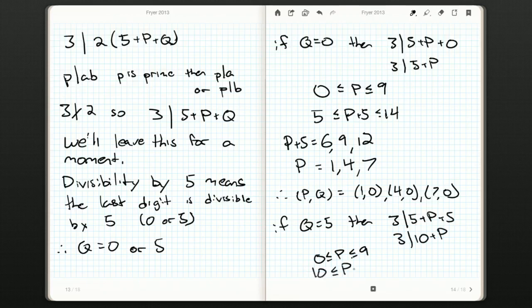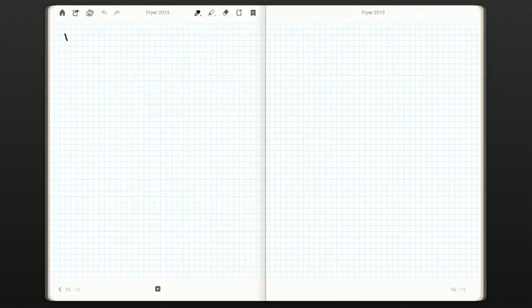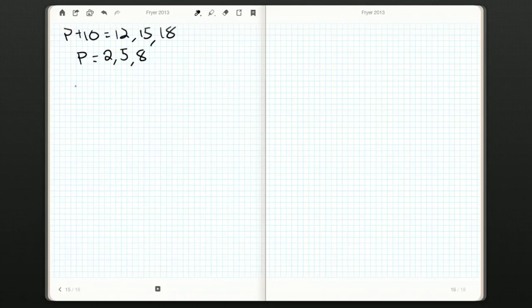That means P plus 10 is between 10 and 19. And we're looking for multiples of 3 here. So multiples of 3 from the range 10 to 19 inclusive. So P plus 10 could be 12, 15, or 18. And that means that P is 2, 5, or 8.